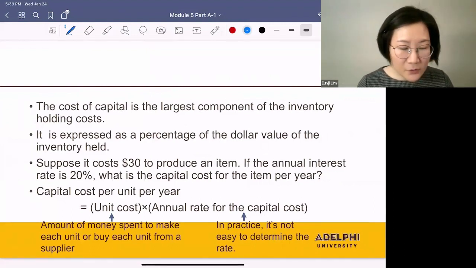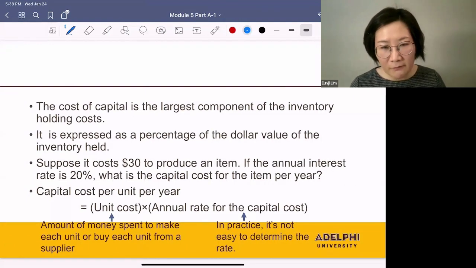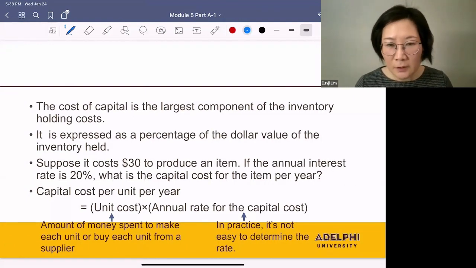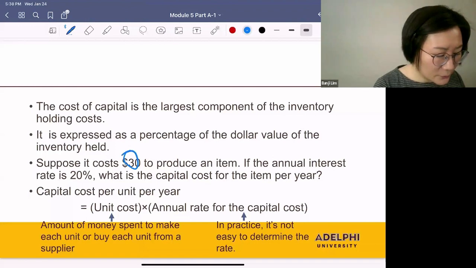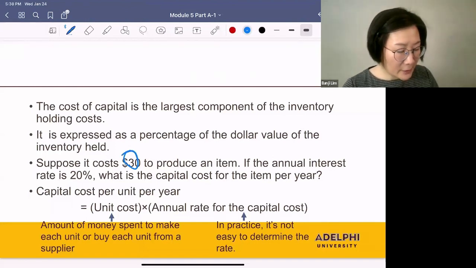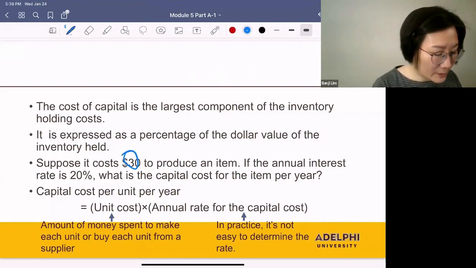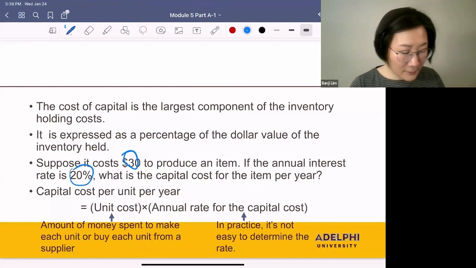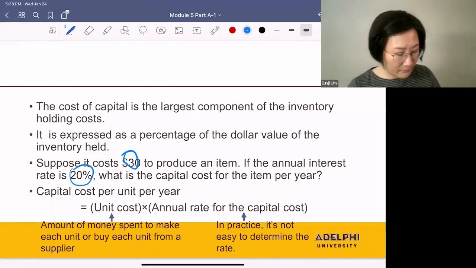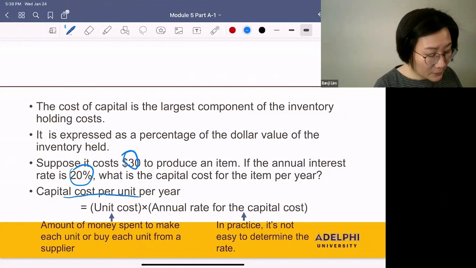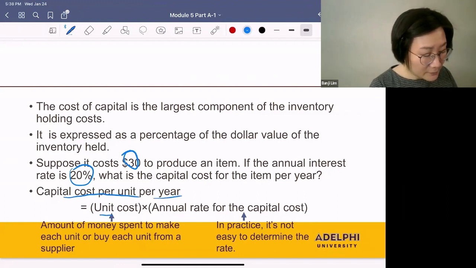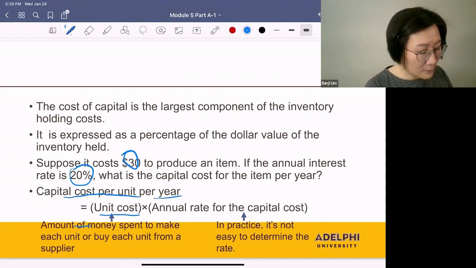It's expressed as a percentage of the dollar value of the inventory held. Suppose it costs $30 to produce an item. If the annual interest rate is 20%, what's the capital cost for the item per year? So the capital cost per unit per year is the unit cost, which is the amount of money spent to make each unit or buy each unit from a supplier.